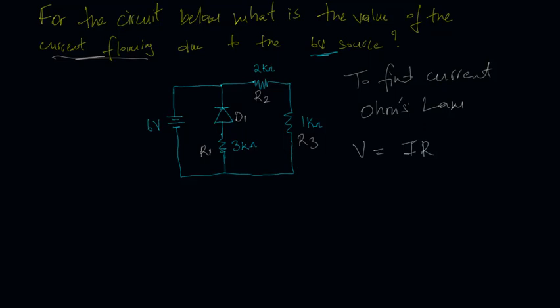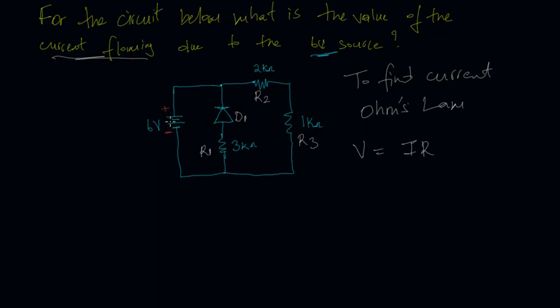But because of the configuration of the components in the circuit, we have to be very careful of how we consider the circuit here. So this is our source. So this is our 6-volt source right here. On this side is considered to be the positive side, and this side considered to be the negative side.